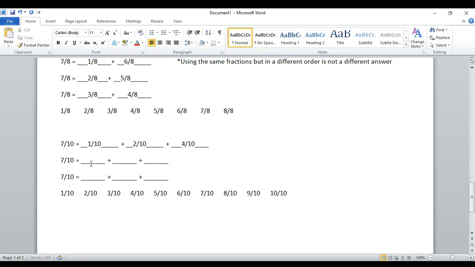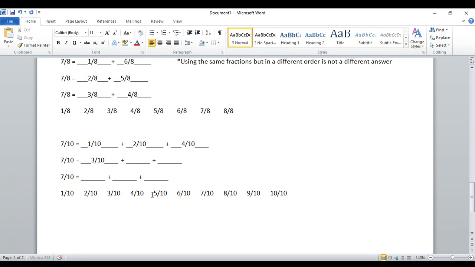So now we're going to do something a little bit different. I am not going to use 1, 2, or 4. I am going to start with 3, 3/10. And if I put 4/10 right here, then I've got all the way up to 7/10, and I cannot put 0 in there. So I am not going to put 4 in there.